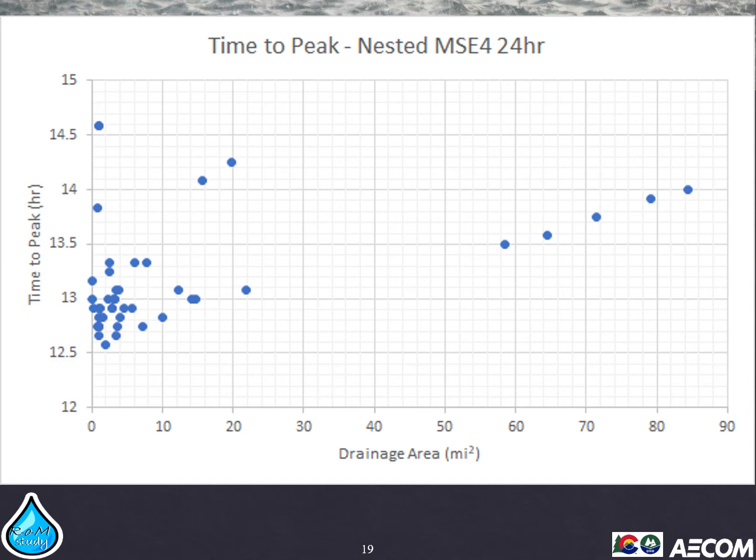So it's worth noting that perhaps the increasing trend here is more subtle than one would have thought, in terms of the larger the drainage area, the longer the response time, but perhaps not as significant because it's only maybe adding an hour and a half for 85 square miles. And then you can also see the variability there in the smaller drainage basins, and that's going to depend on their individual characteristics such as their orientation, the slopes, the flow paths, and the Manning's n.